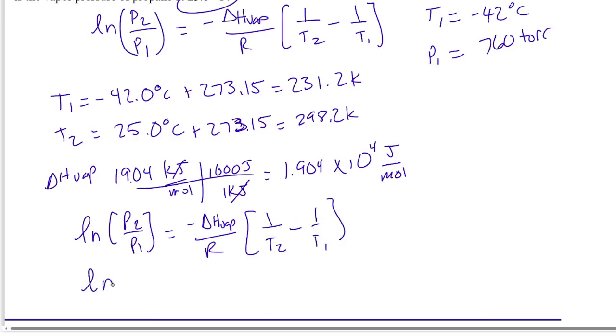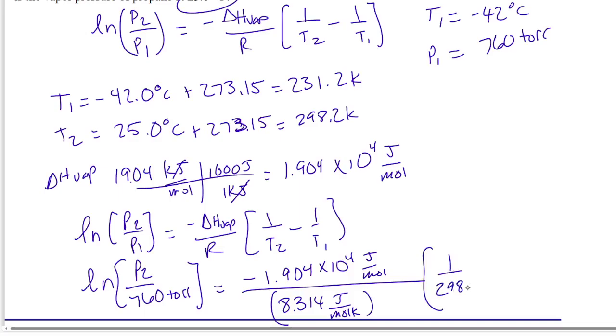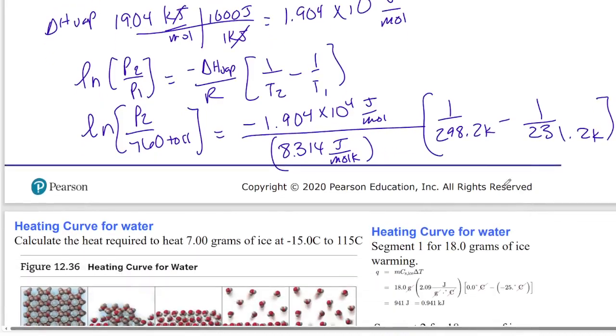All right, so ln of P2 over 760 torr is equal to negative 1.904 times 10 to the 4th joules per mole, divided by R, which is 8.314 joules per mole Kelvin, times the quantity 1 over 298.2 Kelvin minus 1 over 231.2 Kelvin. All right, so we're going to subtract first and then multiply by the left side.